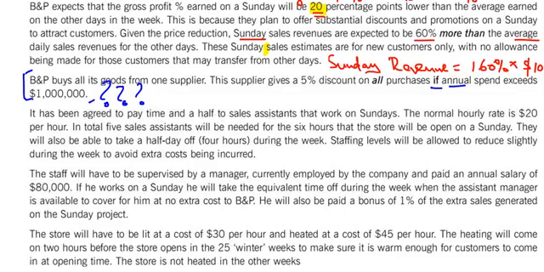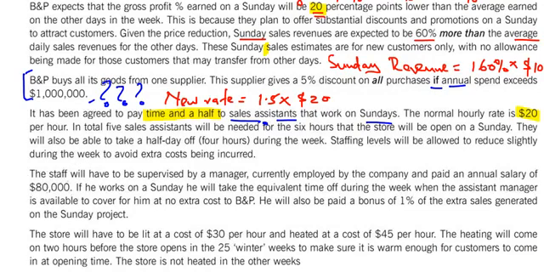Next, we're talking about the labor costs for the sales assistants who will work on Sundays. They're going to be paid time and a half. Can you see this? Time and a half. But their normal rate is $20. So the new rate, time and a half, is 1.5 times 20.